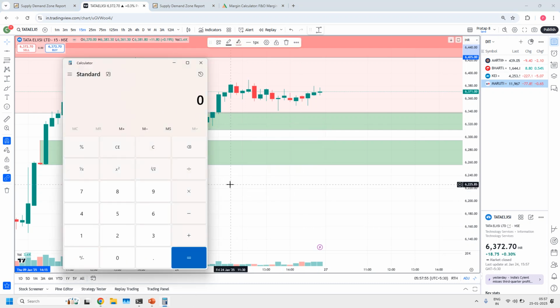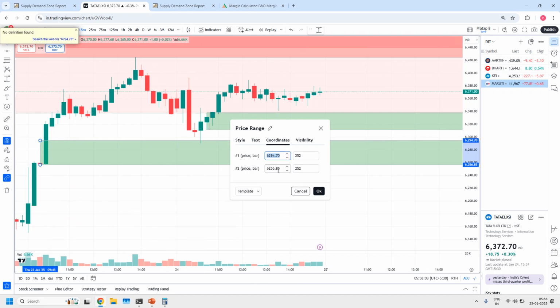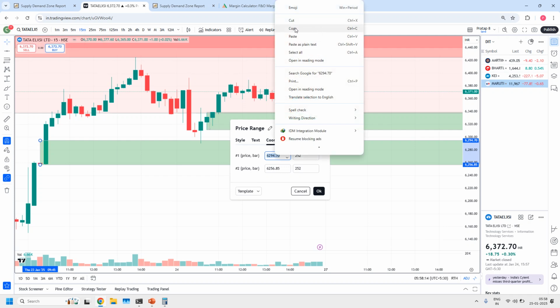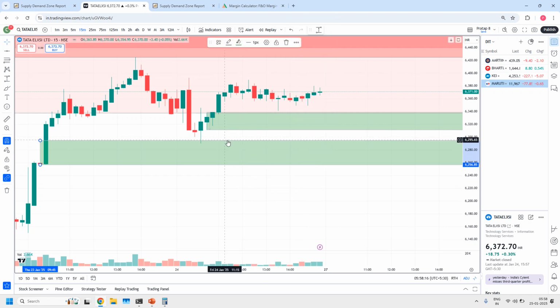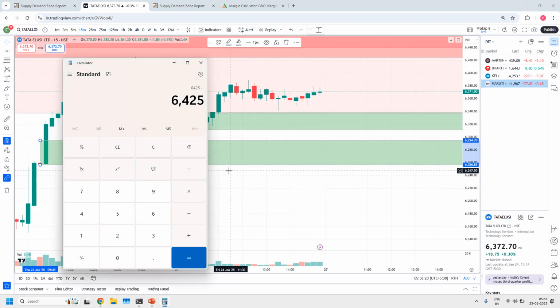It is just a motivation. By calculating these statistics, we will understand the power of the software. And this is our target. What is the target? 6294.70.